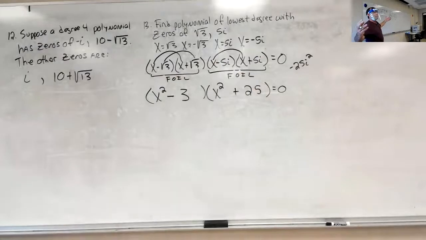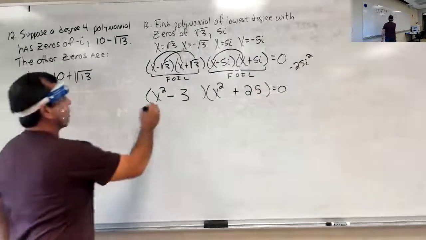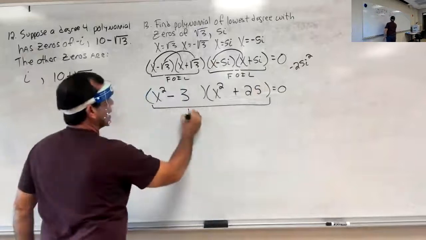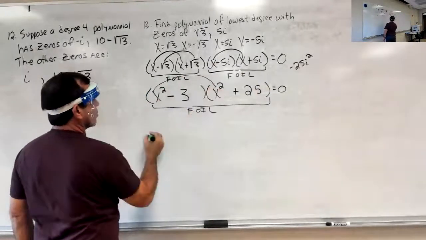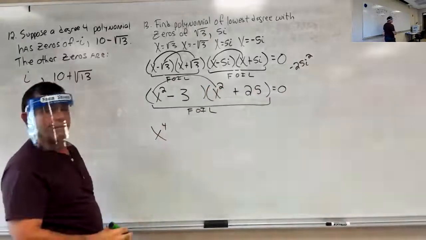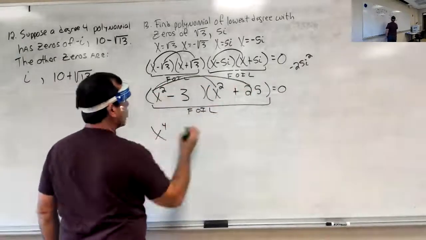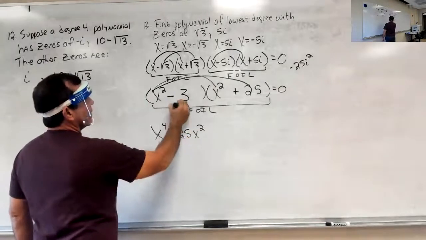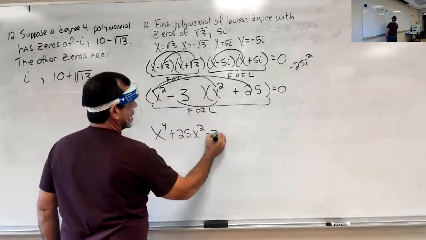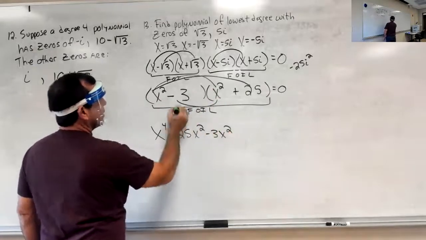Now I'm just going to FOIL those last things and be done. So let's see. I got an x squared times x squared is x to the 4th. x squared times 25 is 25x squared. Negative 3 times x squared is a negative 3x squared.